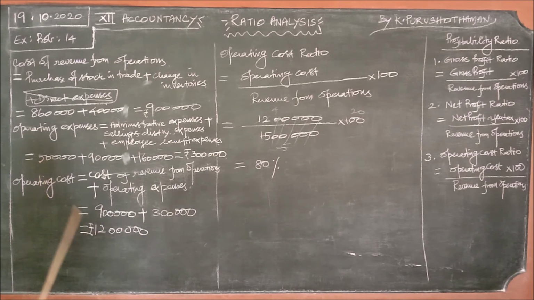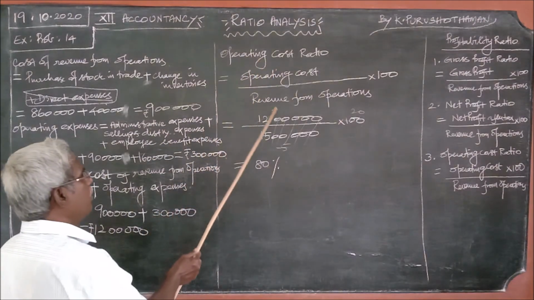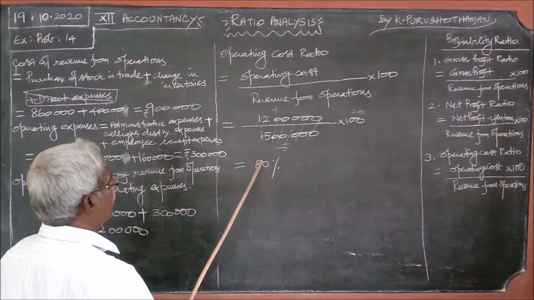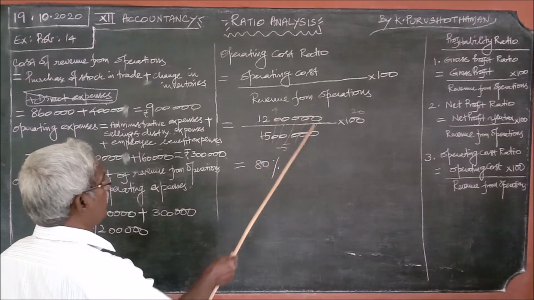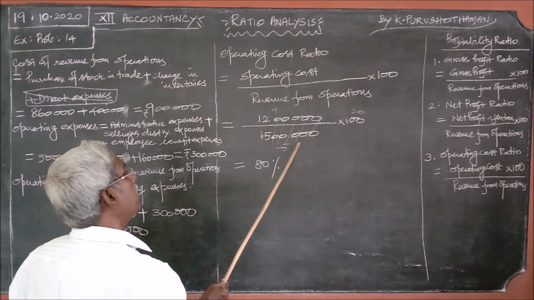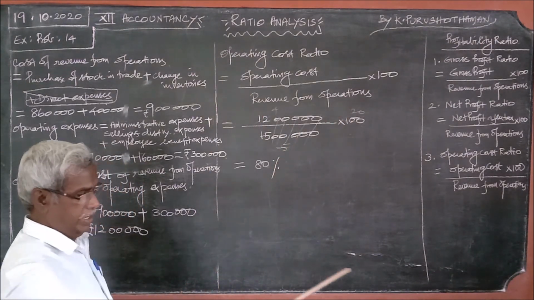Totally, operating cost will be 12 lakhs. Therefore, numerator value we arrived at 12 lakhs by 15 lakhs into 100. If you simplify, you will get 80. 5 zeros are cancelled. 4 threes, 5 threes. If you simplify by 5, then 20 times 4, 80. Okay.